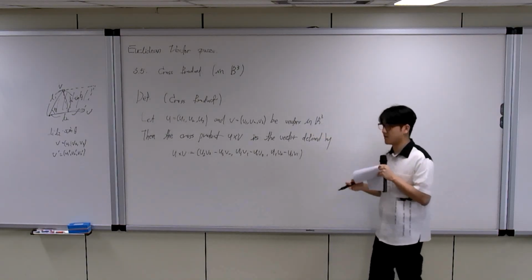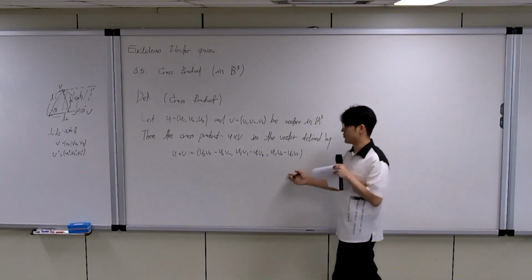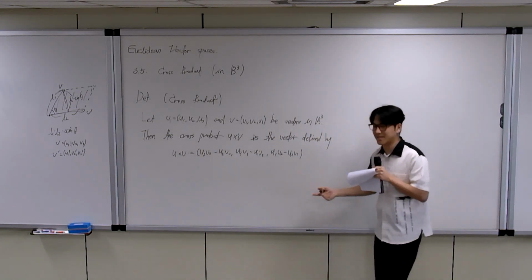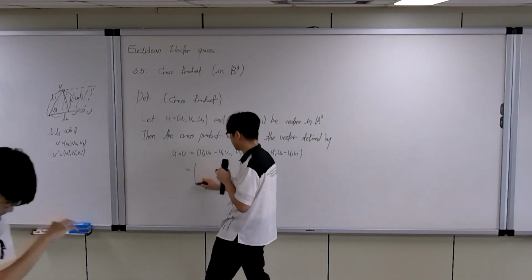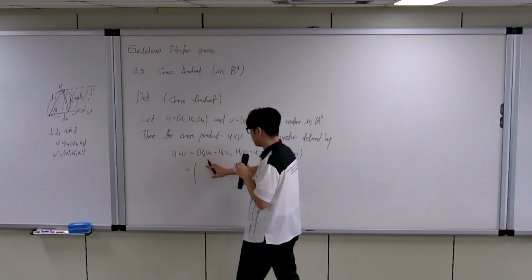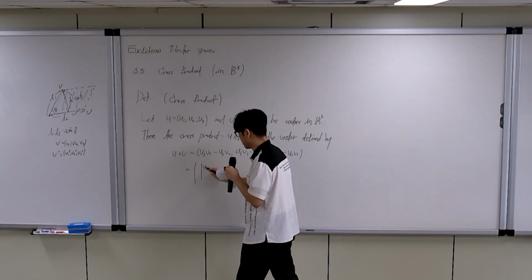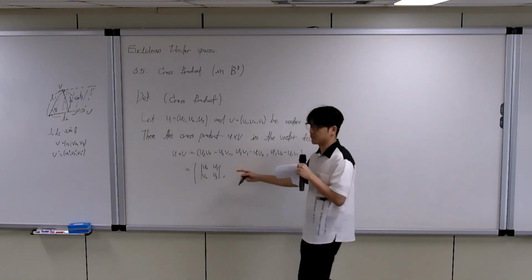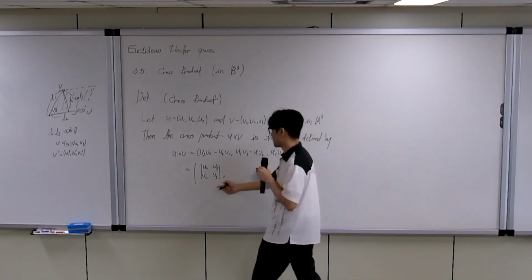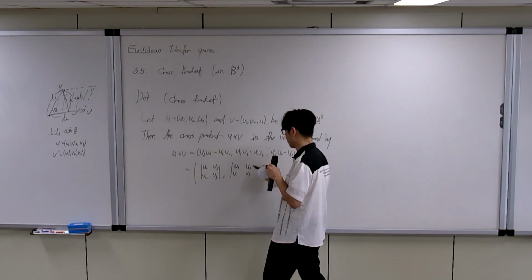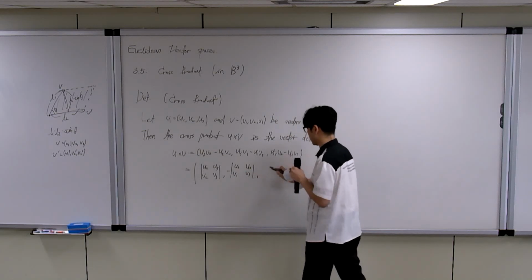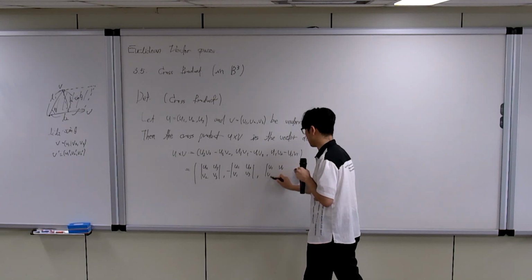It looks hard to calculate and memorize, so I have one more notation. That form is the same as the notation of determinants of 2 by 2 matrices: the determinant of U1, U3, V1, V3 minus the determinant of U1, U2, V1, V2.